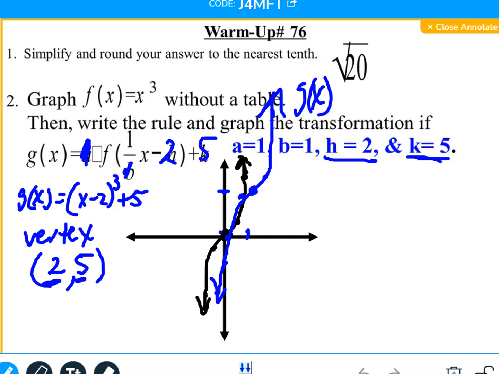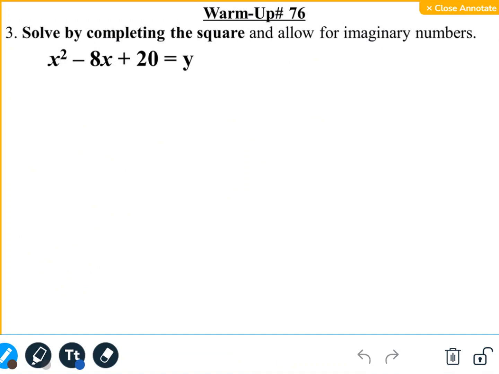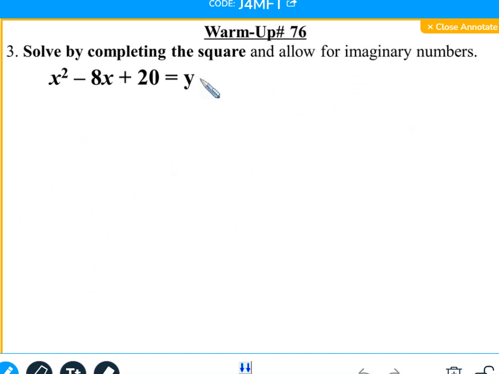All right. All right, move on. Number 3, completing the square. So let's see if we remember. We set it to 0, standard form, x squared minus 8x plus 20. From there, we divide by the leading coefficient. What's my leading coefficient, guys?